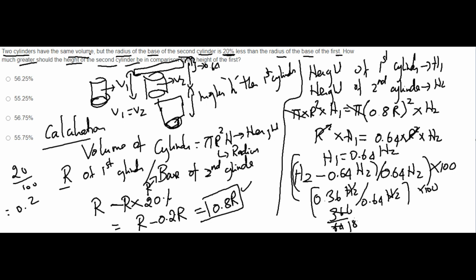So it is 9 by 16. When you multiply 9 by 16 into 100, it is 0.5625 into 100. Once you multiply, you get 56.25 in terms of percentage.